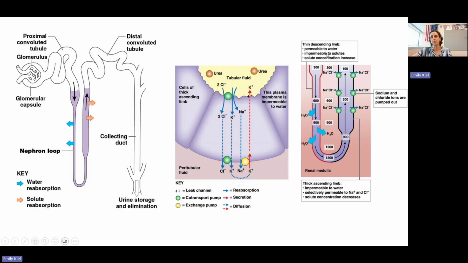So in the thin loop, we're permeable to water, we're impermeable to solutes, and that solute concentration increases. So we're seeing it's going from 300 to 900, and then we're going to come to this thick ascending limb. Now it is impermeable to water, selectively permeable to sodium and chloride, and so we're going to actively pump out that sodium and chloride. The solute concentration is going to decrease. But with that, we've retained some of the ions that we want to keep, and we've also retained some water.